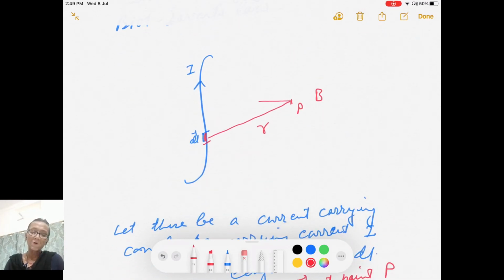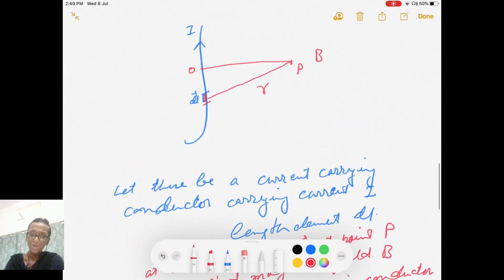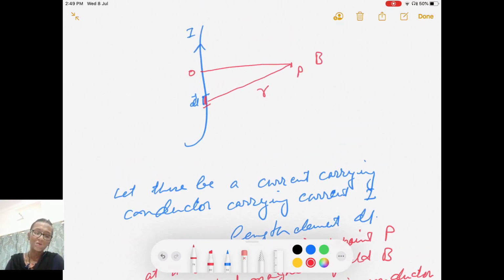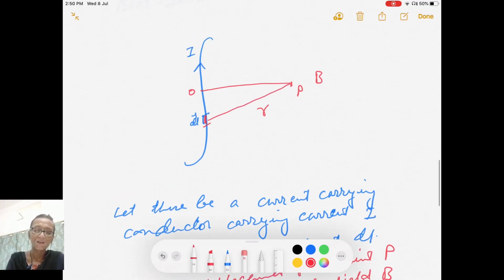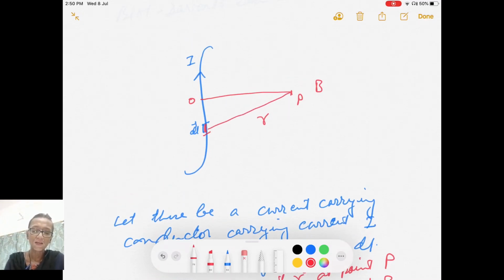Okay, so let us draw a perpendicular which meets the current carrying conductor at O. I am not going to write everything, because time is very important. We should not write everything. Just let us see in the picture only.